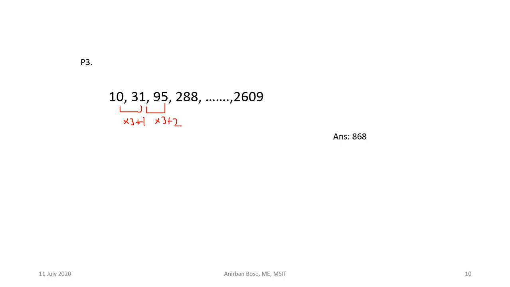Then here, into 3 plus 3. So I hope you got the sequence: multiplied by 3 and then added gradually 1, 2, 3 like that. So here it will be into 3 plus 4. If you do 288 into 3 plus 4, you will get the answer 868.